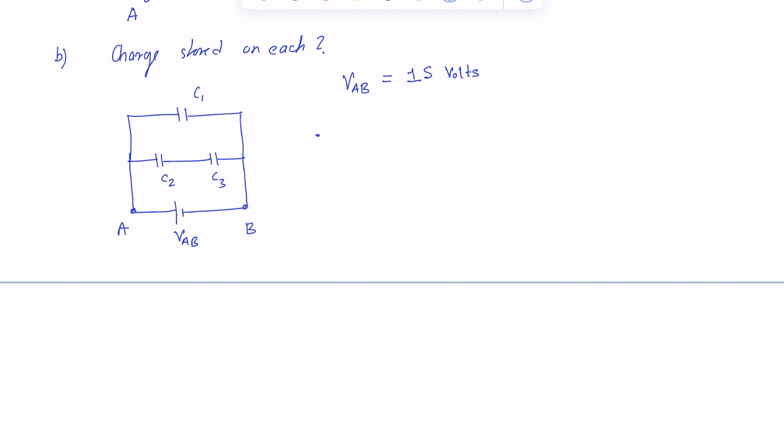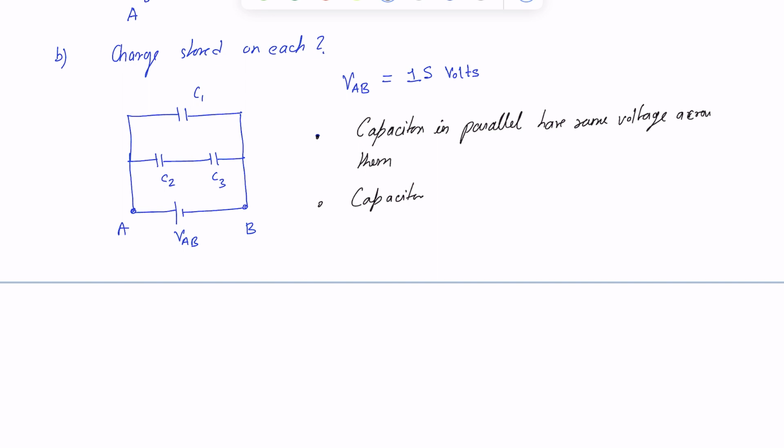First, capacitors in parallel have the same voltage across them, and capacitors in series have the same charge.